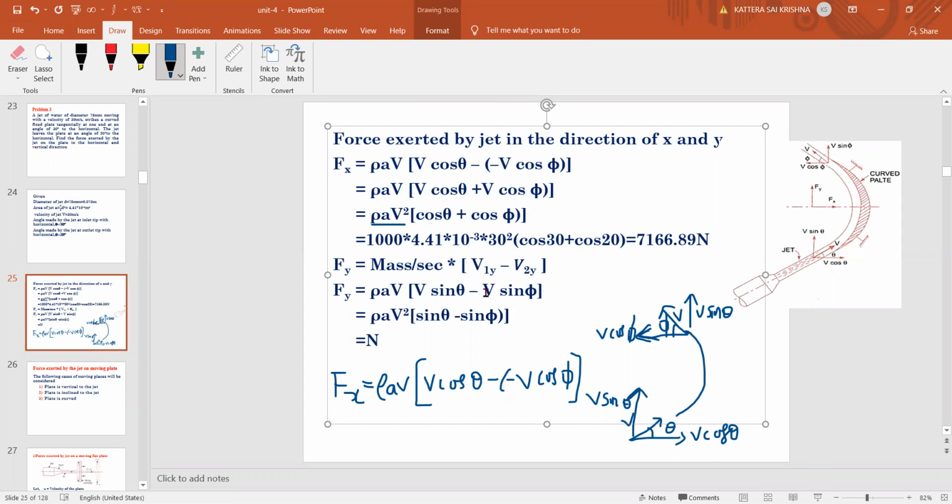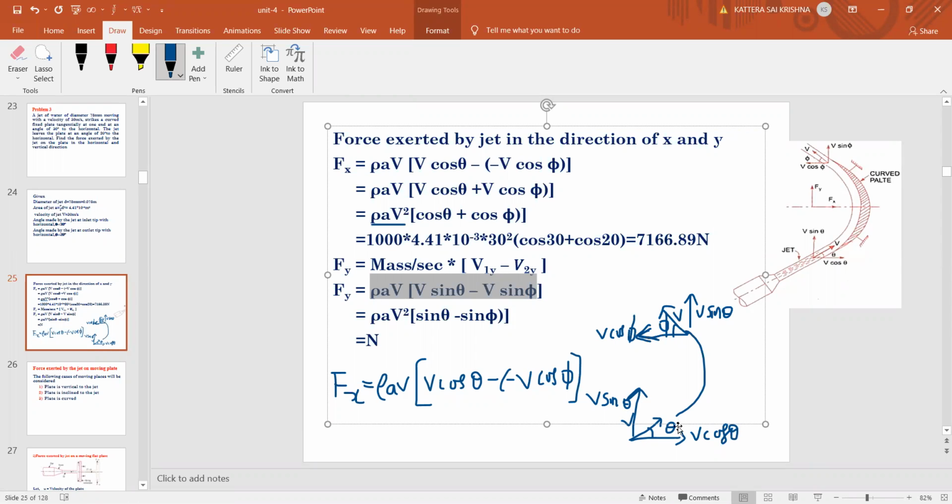Next it is also asking for the force in the y direction. Again, same thing. If you don't know the formula, just draw the figure. Same concept: Fy equal to mass flow rate, rho A V, into initial velocity in y direction.